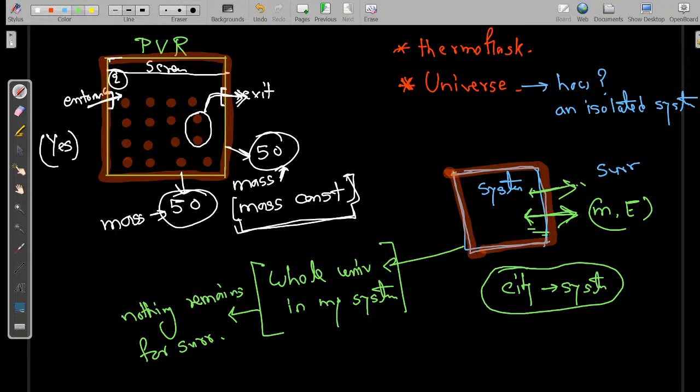When I am talking that whole universe is my system, that means except the system there is nothing, because I have considered my system like that कि whatever existing, that is my system. जो भी एग्जिस्ट कर रहा है उसको मैंने सिस्टम के अंदर इंक्लूड कर लिया है. सो एक्सेप्ट द सिस्टम देयर इज नथिंग. सो सराउंडिंग है ही नहीं.